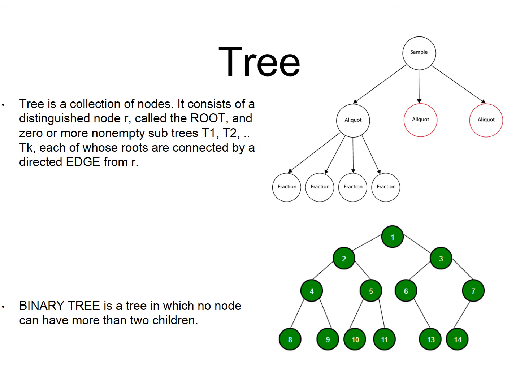As you can see in the diagram, the first diagram is an example of a tree. Here, sample is considered the root, and it has more than one child. You can see a directed edge. Usually you will not use arrows, but it is a directed edge. It means that from sample I can go to the first node, the second node, or the third node.